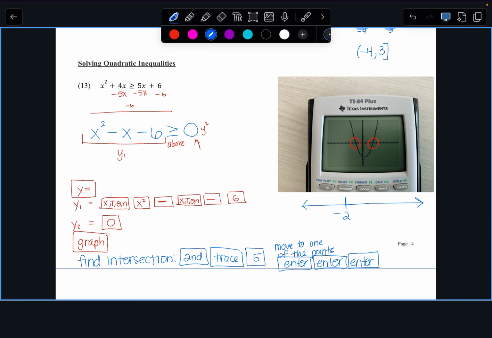We can do it again. Second, trace, option 5, go over to the other point. Enter, enter, enter. This one is at 3. So our goal, again, we want to see where is that graph above 0.